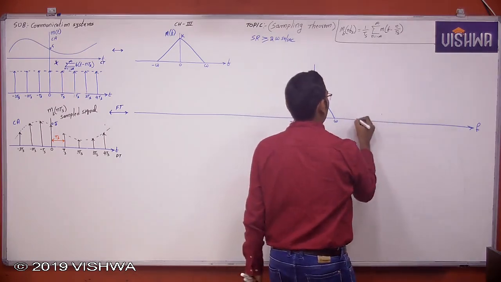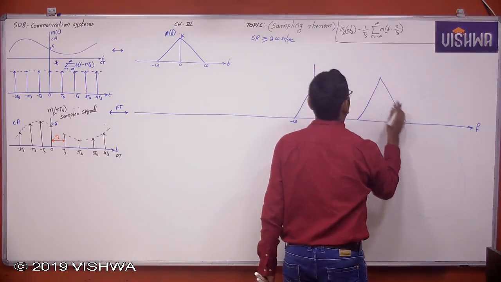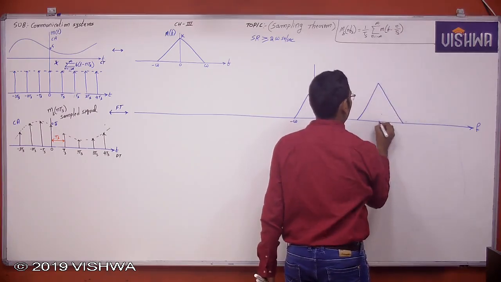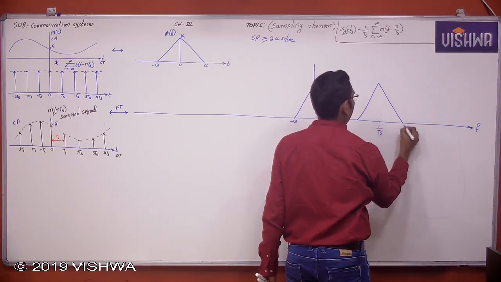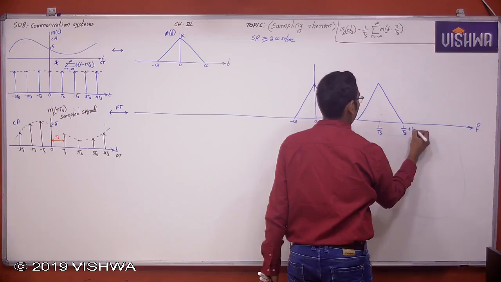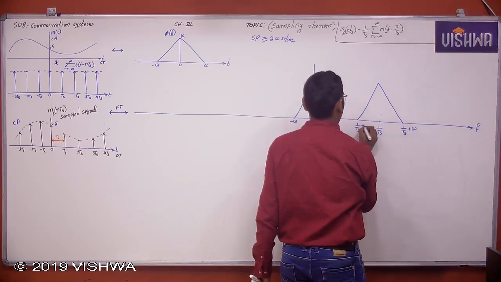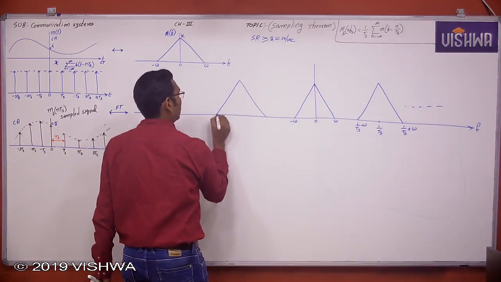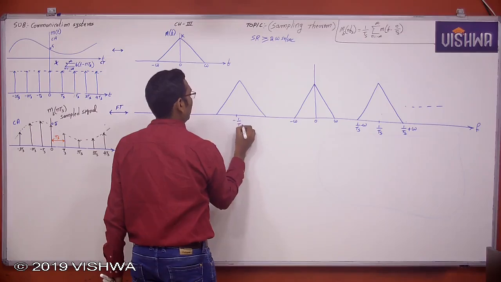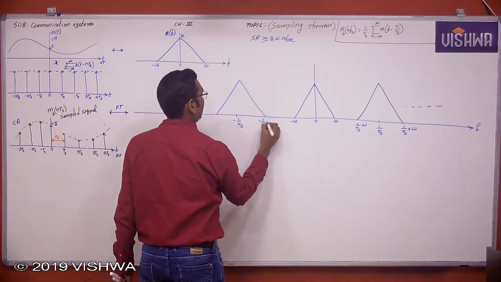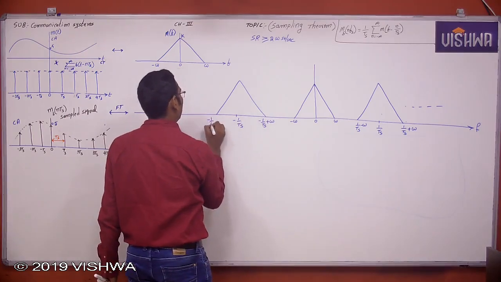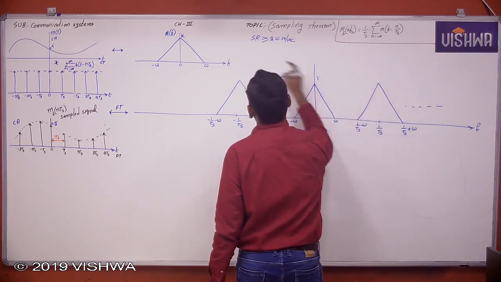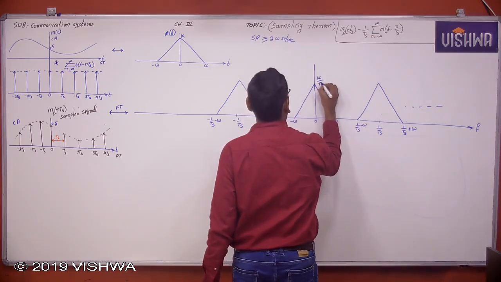When n equal to 1, this is a signal which is at 1 by Ts, and so on. When n equal to minus 1, this is at minus 1 by Ts. The signal strength is multiplied by a constant k, therefore this is k by Ts.